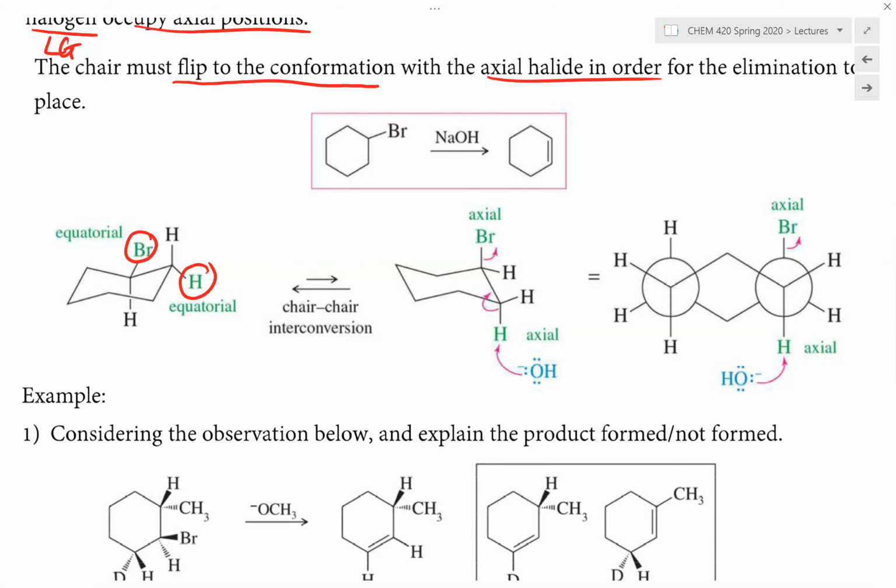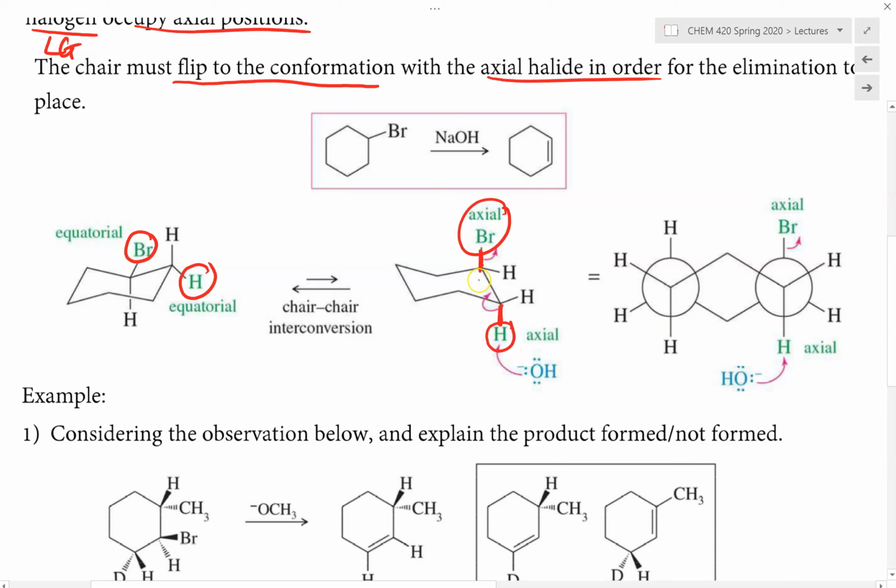But now the ring must flip, and when the ring is flipped, the bromine changes from the equatorial location into the axial location. And now the base can come in and pick up this green hydrogen right here, because this hydrogen and this bromine are now anti-coplanar to each other.